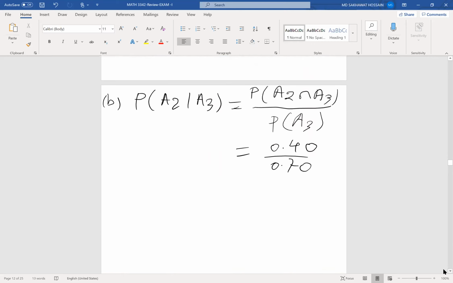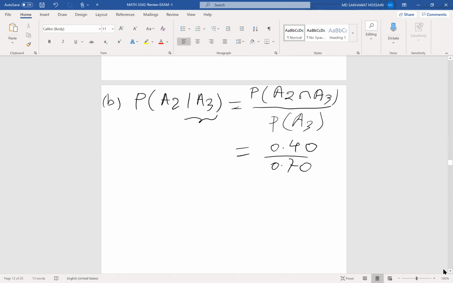Actually, this means that this information is given. So the given information is the person liked vehicle number 3. So we already know that the person liked vehicle number 3. Now, what is the probability that the person likes vehicle number 2?